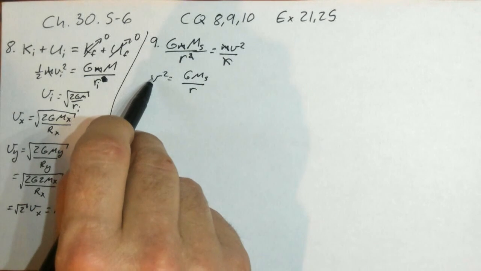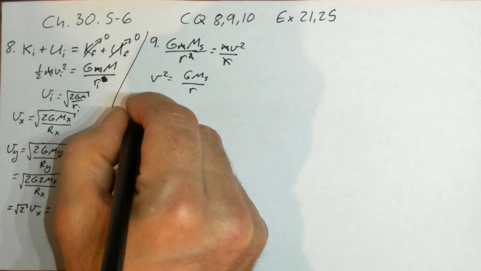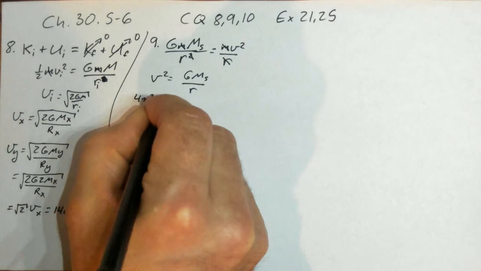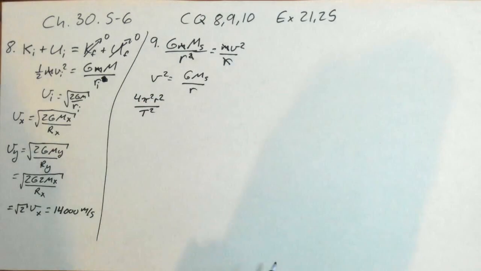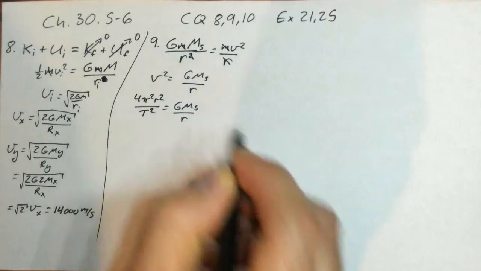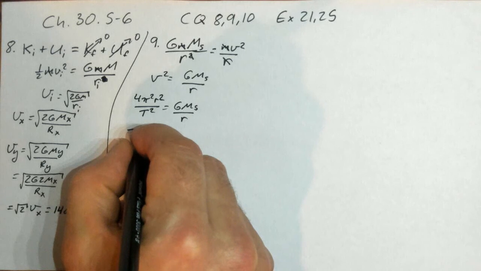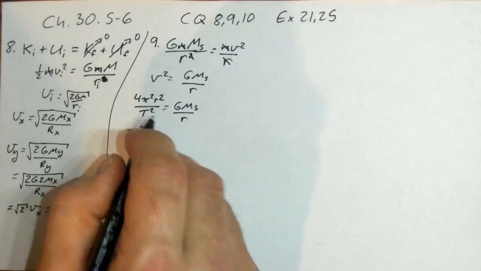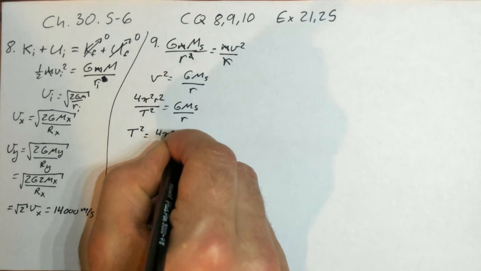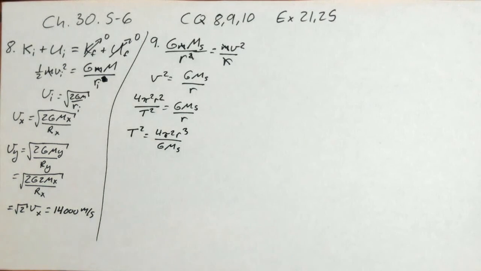But v, if it's a circle, is the same thing as 2 pi r over the period, and we're squaring that, so we get 4 pi squared r squared over the period squared equals G M of the Sun over the radius. Therefore, solving for the period squared, we take that up, take this down, and we get 4 pi squared r cubed over G mass of the Sun.